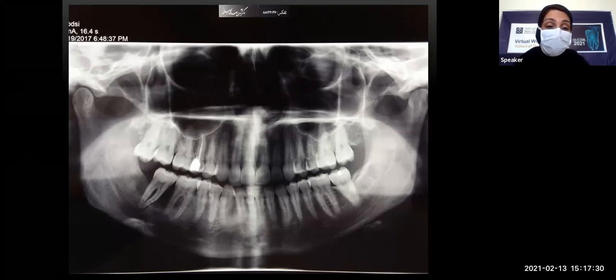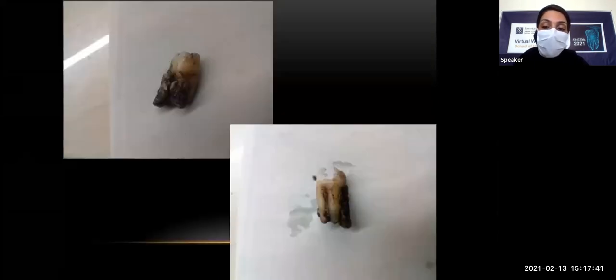of this tooth because of a negative vitality test. During the root canal therapy, the whole tooth came out of the socket, and you can see the tooth here and the lesion which was attached to the CEJ area and also the radicular area of the tooth.